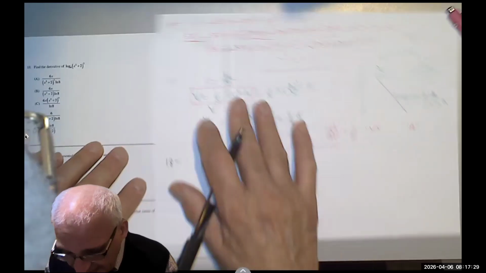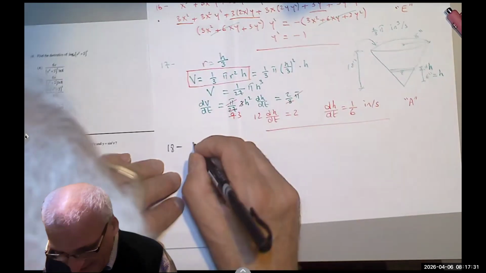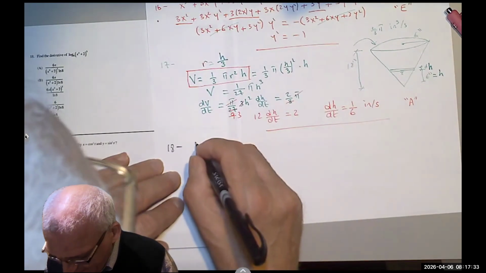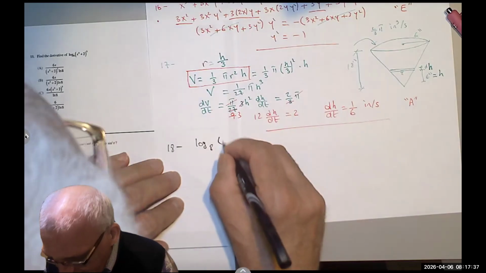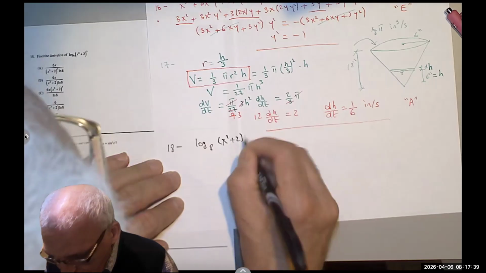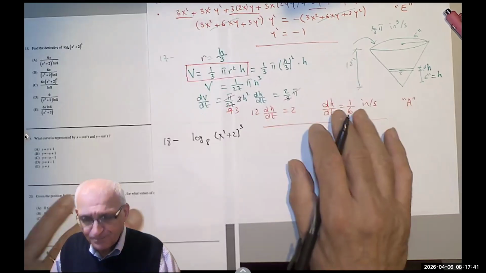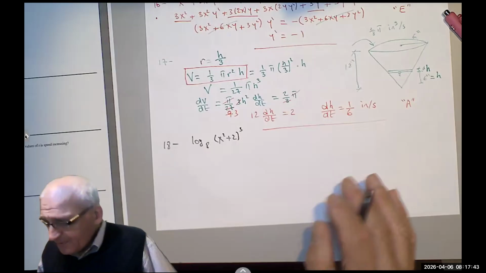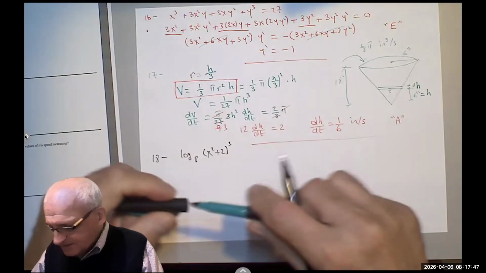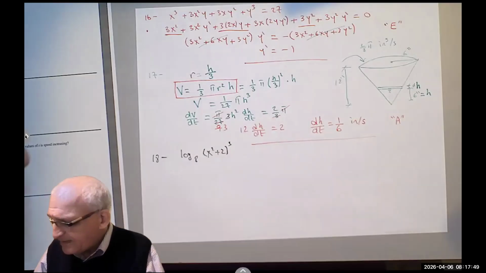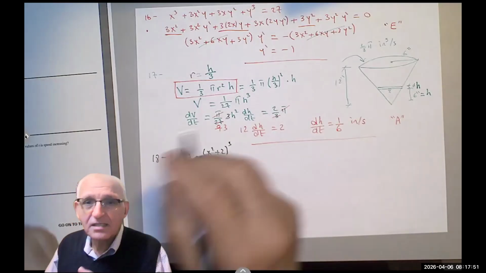Find the derivative again. We want the derivative of log to the base 8 of (x squared plus 2) cubed. Some people have trouble with this derivative. Should I multiply by log or divide by log?